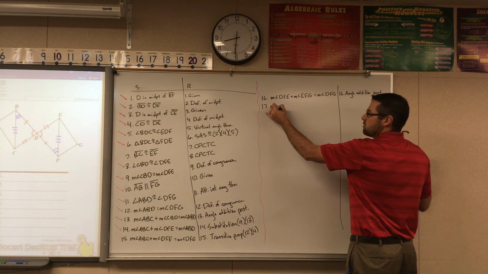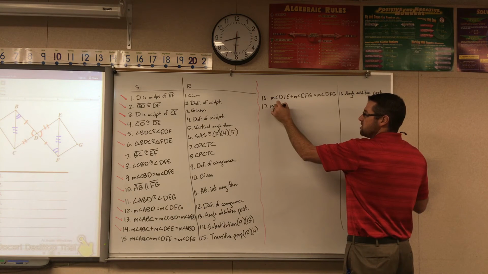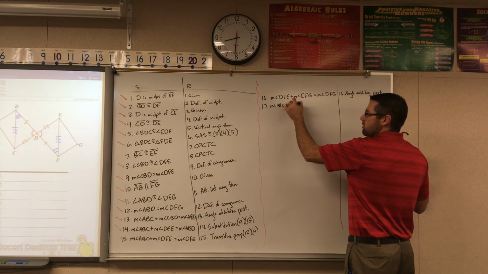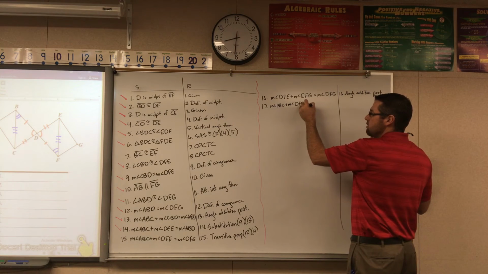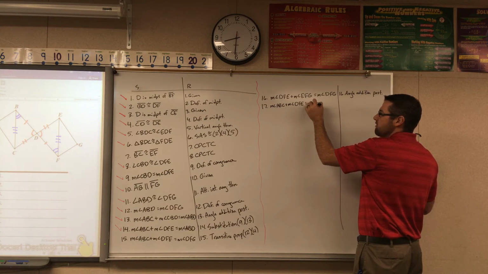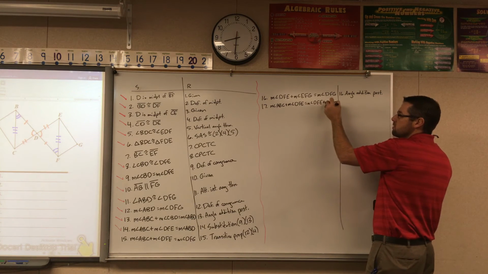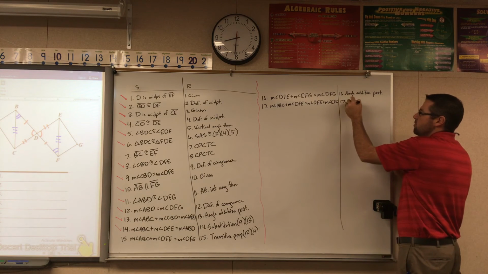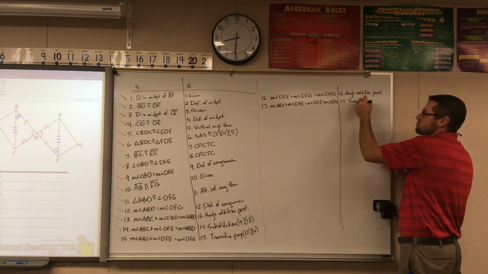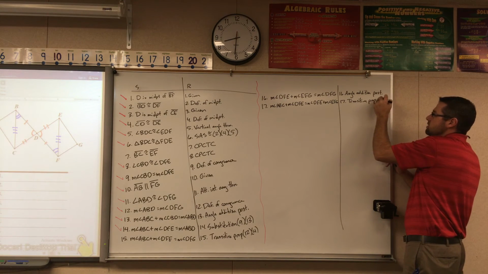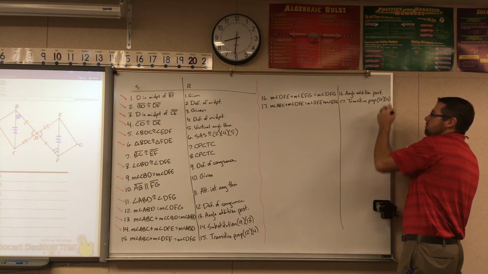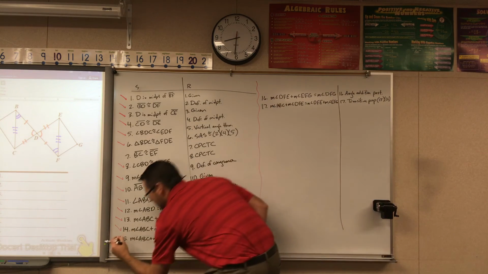So measurement of angle ABC plus measurement of angle DFE equals measurement of angle DFE plus measurement of angle EFG. Because transitive property, steps 15 and 16. So I can check those off.